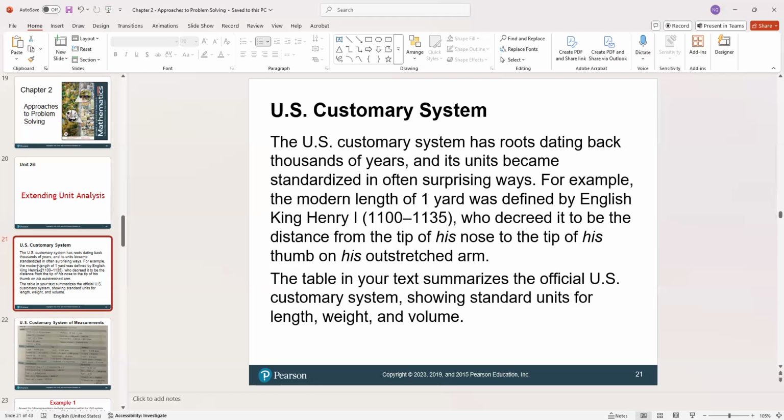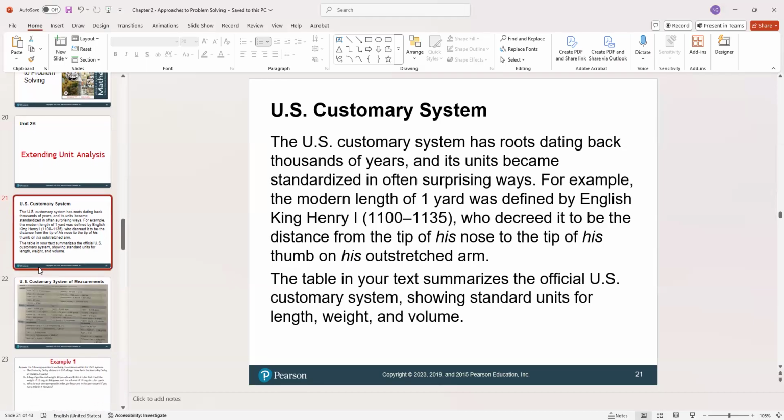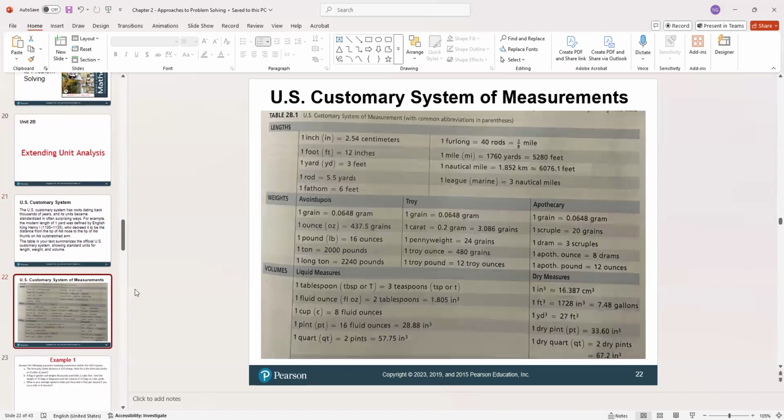The tables you're going to see here summarize the official US customary system, showing a standard unit for length, weight, and volume, like this table you see right there.